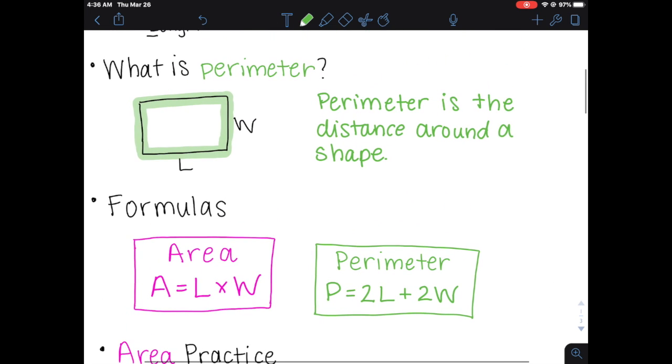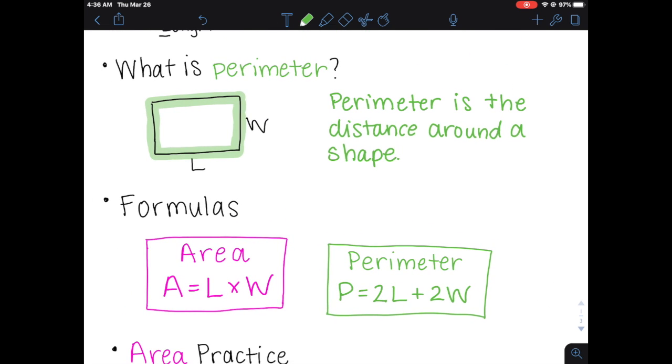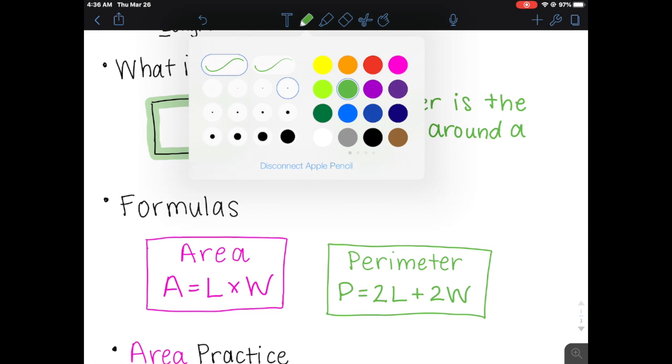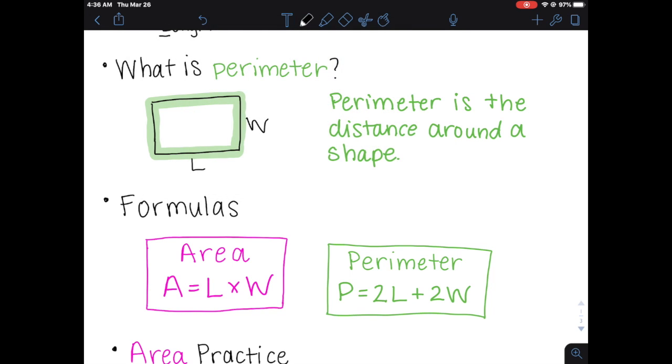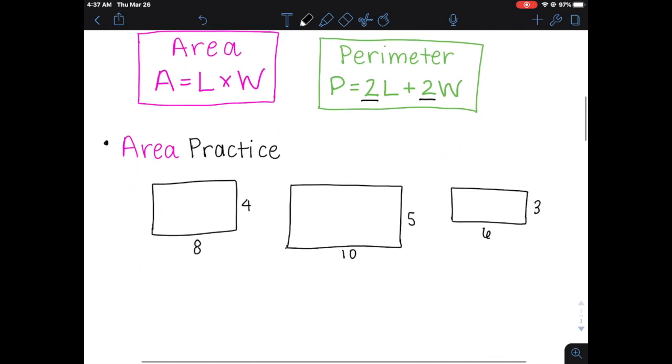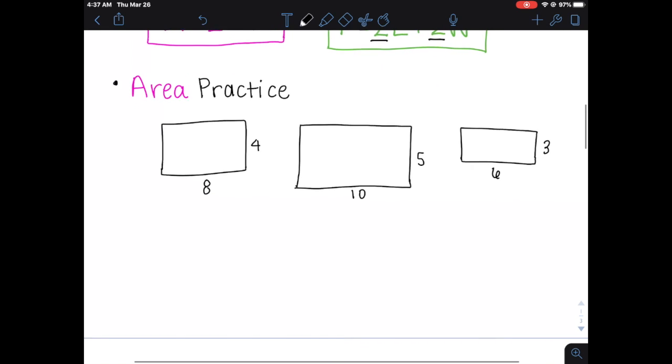And if we go back up and look at our shape and the highlighting that I did, you'll notice that we have 2 lengths. Here's 1 and here's 2, which is why we have 2 here. We also have 1, 2 widths, which is why we have the 2 here. And we combine them or add them together.